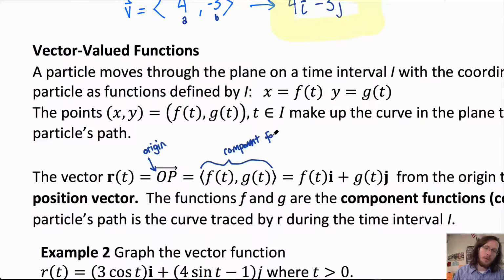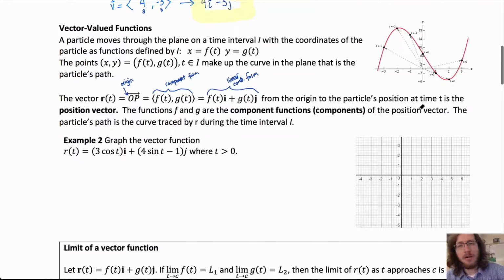And here we've got linear combination form. From the origin to the particle's position at time t is the position vector.